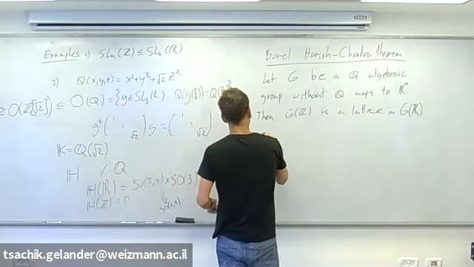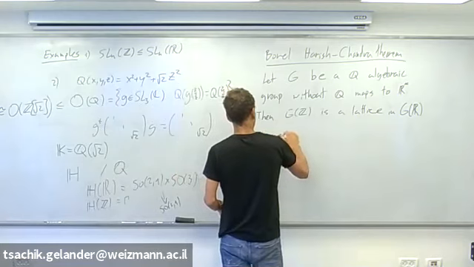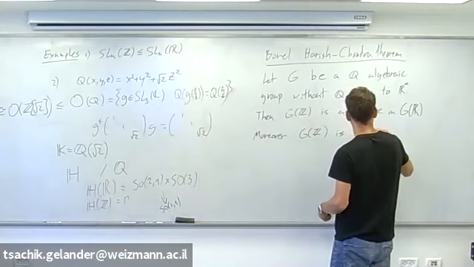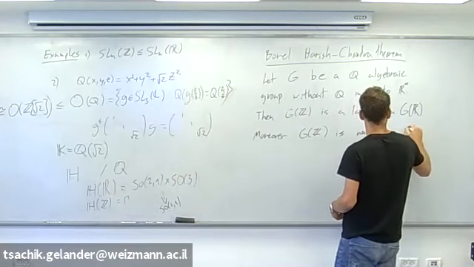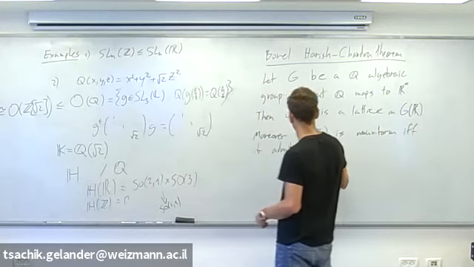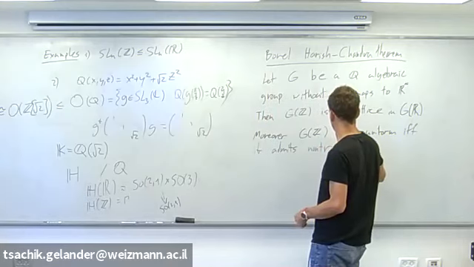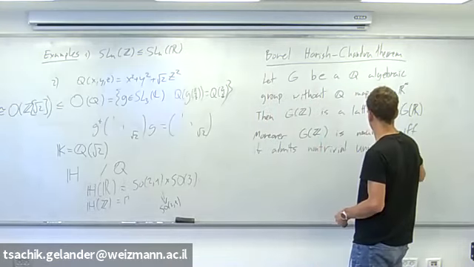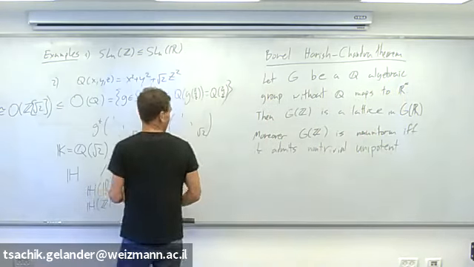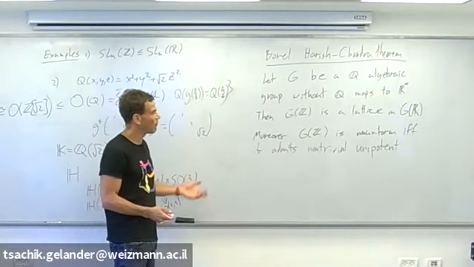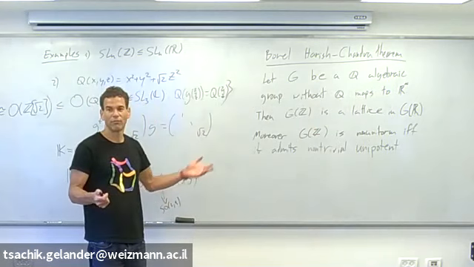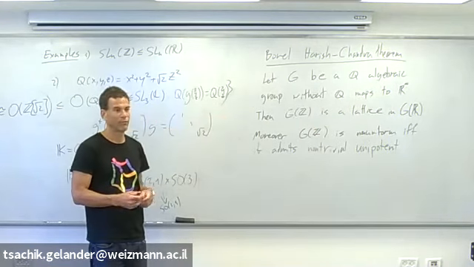So moreover, G(Z) is non-uniform if and only if it admits a non-trivial unipotent. In the original paper, the condition was that G(Z) is co-compact if and only if there are no co-characters which are defined over Q, but you can show that it's equivalent to the existence of unipotents.